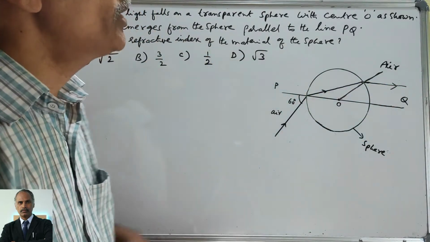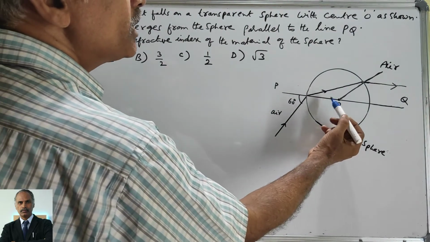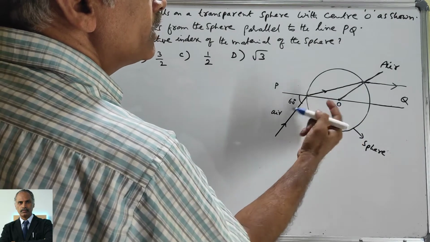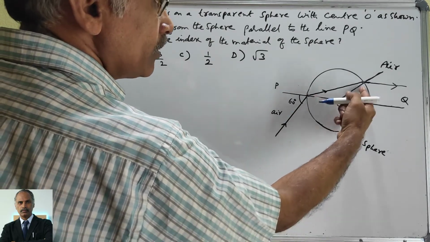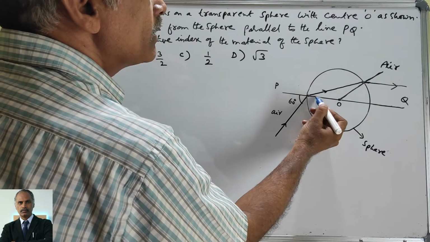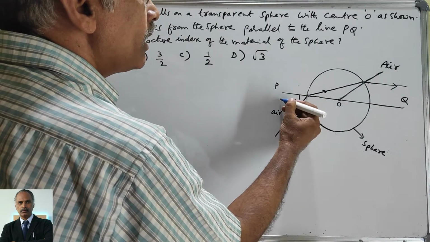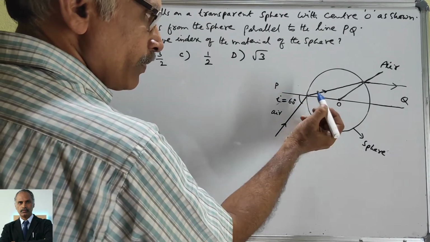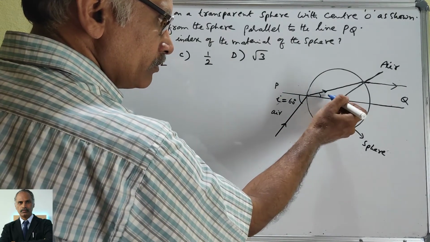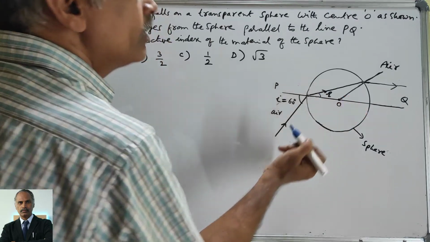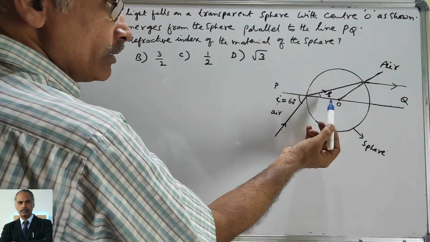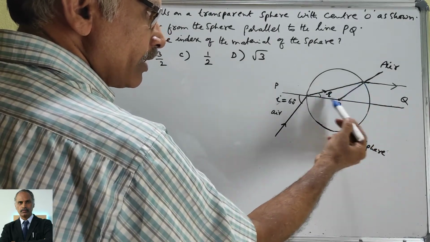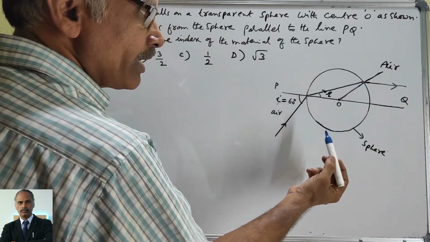to the line PQ. Here suppose this is a radius and this is also a radius, and this is the angle of incidence I equal to 60 degrees. Now this is the angle of refraction. Now this triangle is an isosceles triangle.